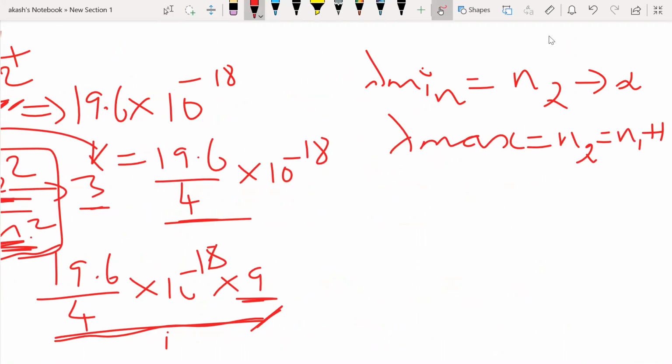Now obviously they have given two different series. One is Lyman, another is Balmer, and the first one was for hydrogen, second one is for helium, right? So use it. 1 by lambda is equal to RH Z squared into 1 by n1 squared minus 1 by n2 squared. And tell me the answer.